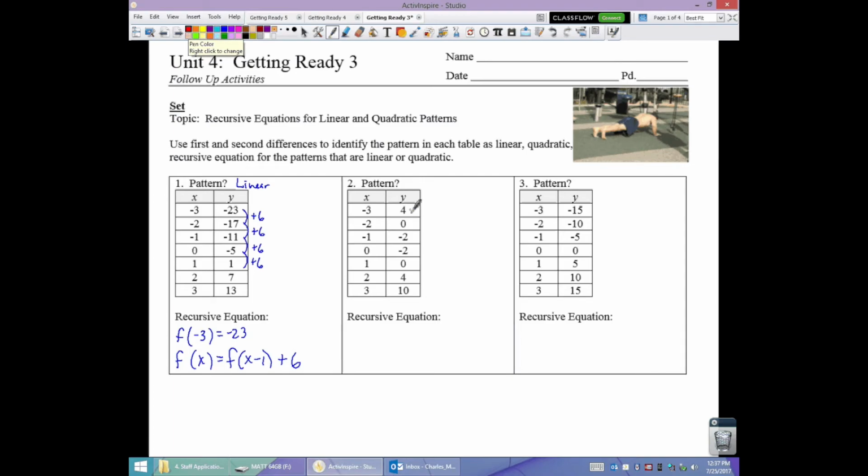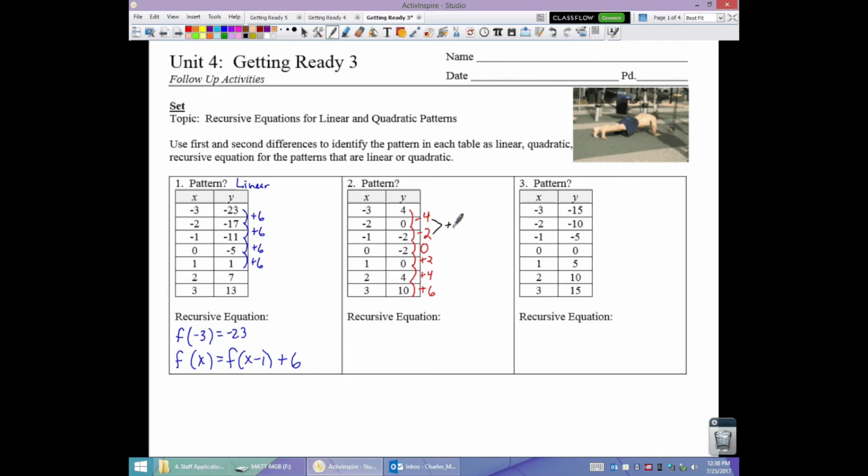And number 2, pattern, this one goes down 4, then down 2, then none, then up 2, up 4, and up 6. Well, that's certainly not linear. It should be quadratic. Let's do our second differences to verify.